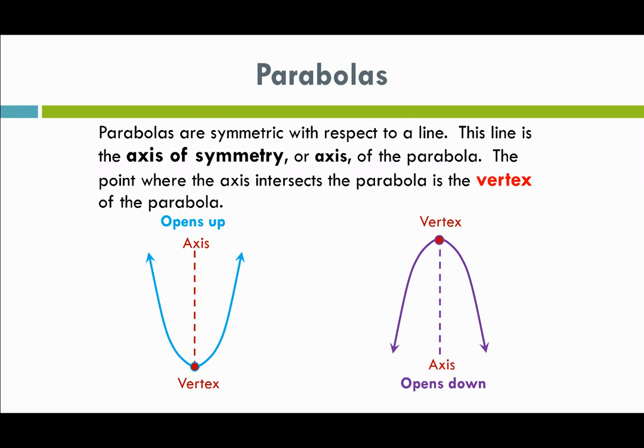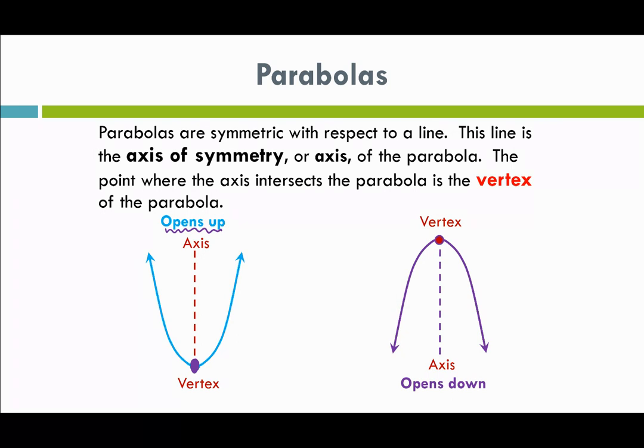Now, the other piece of information they will ask you to find is the vertex. So regardless if your parabola faces up or down, it will always have a vertex. If your parabola opens up, then the vertex is always going to be the lowest point. And another way to find the vertex means that it's the point at which the graph changes directions.